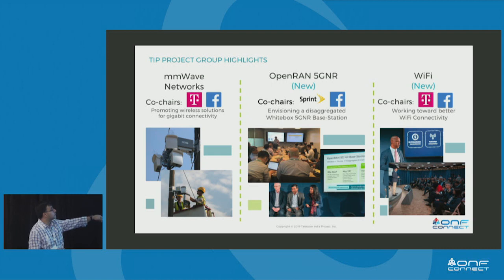The Millimeter Wave Networks project group is being driven largely through the support of Deutsche Telekom. Their fundamental objective there was to find an alternative to deploying fiber and create an opportunity for gigabit speeds to be delivered to their customers.